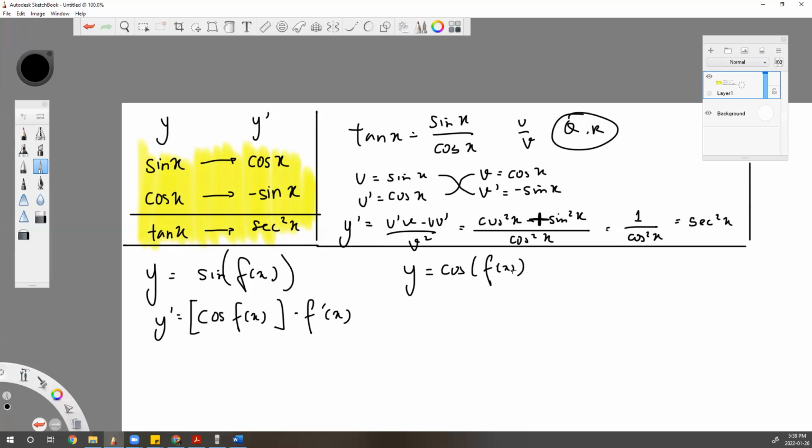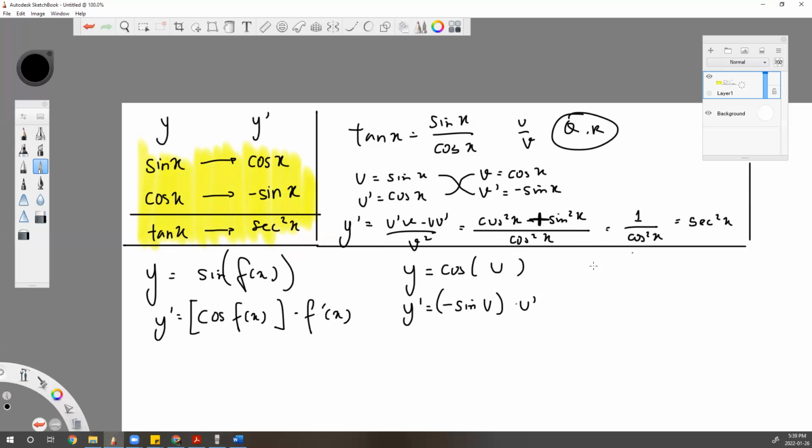Or I can just write cos u, up to you. U is also treated as a function, right? I just use another perspective. So y' is negative sine, multiplied by u', right? By the inside. Again, chain rule in trigonometric rules.